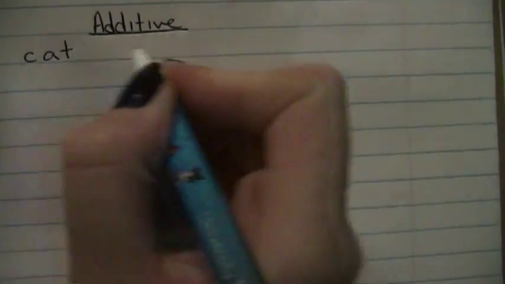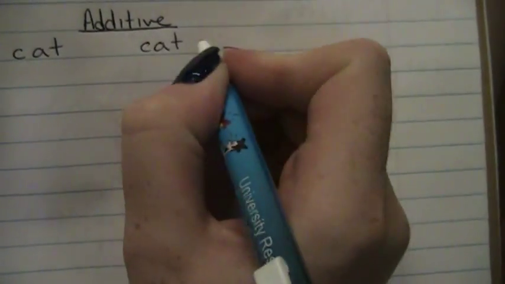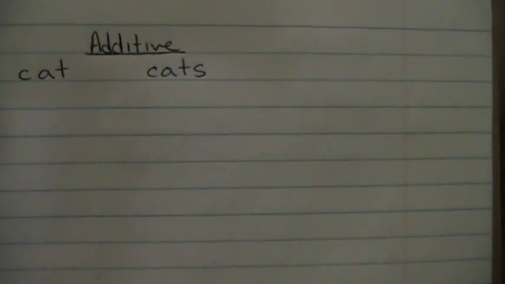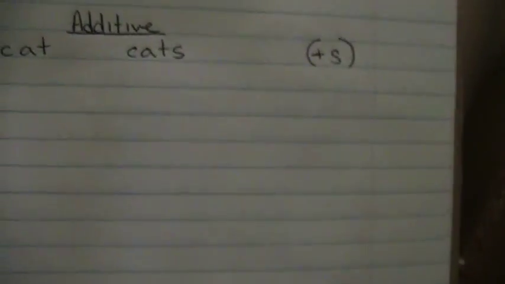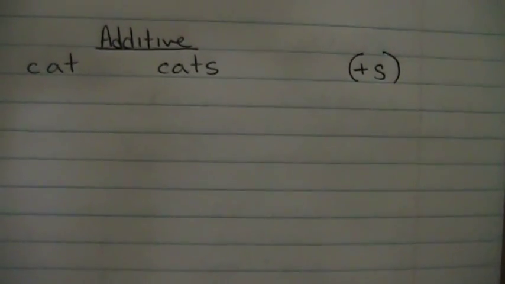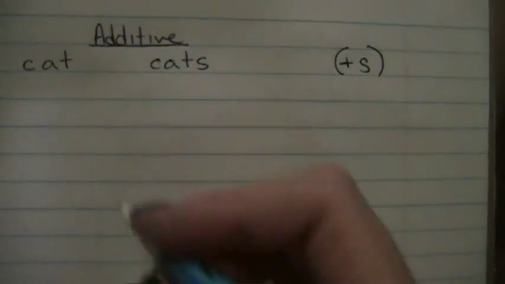In additive, you add something to the singular version of a word and it gives you the plural. In English, we have cat and cats. You add an S to it. So because of that, we're going to put over here plus S. But there's a second pattern in English as well.